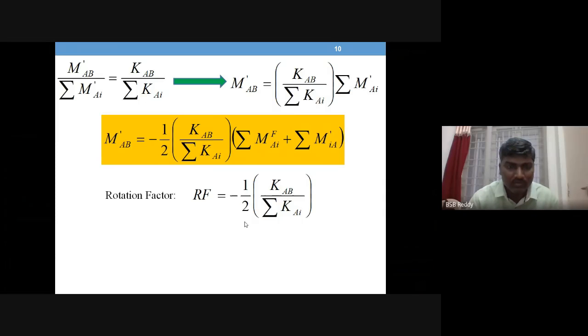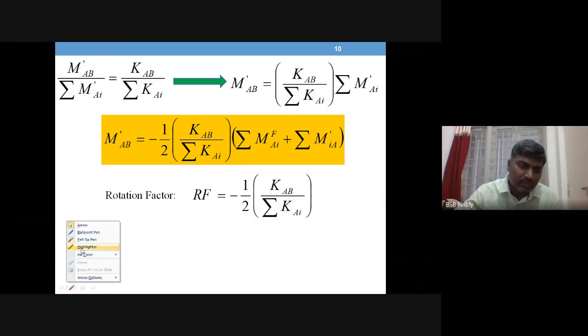So those are rotation contributions in particular, because the equation consists of end moment.